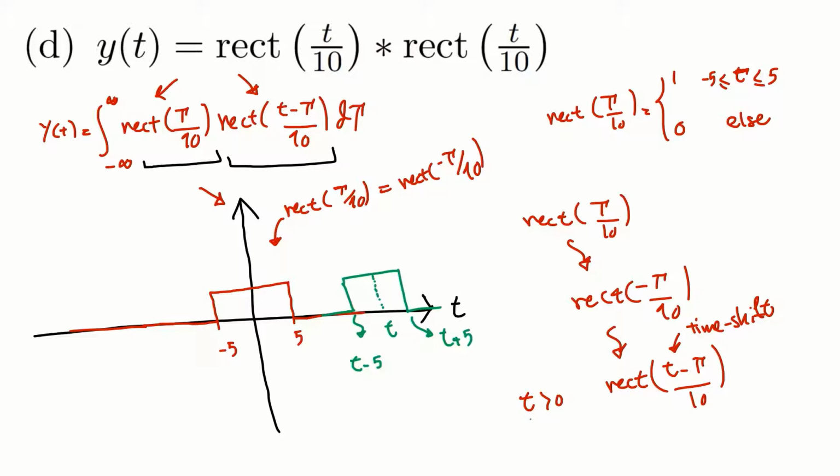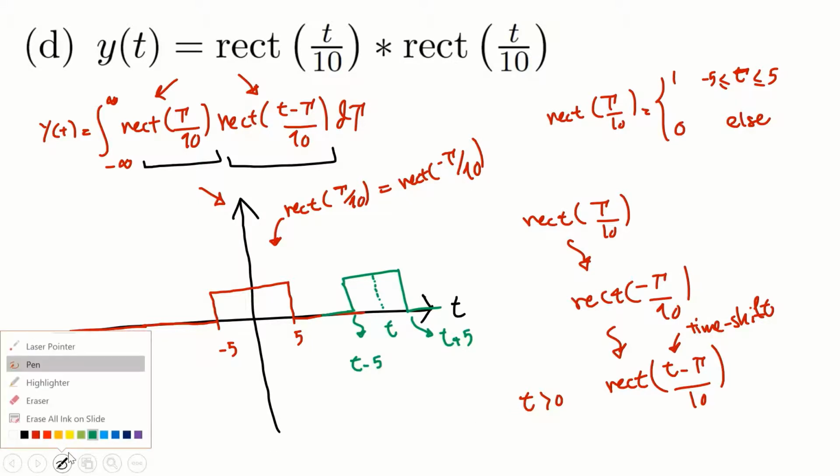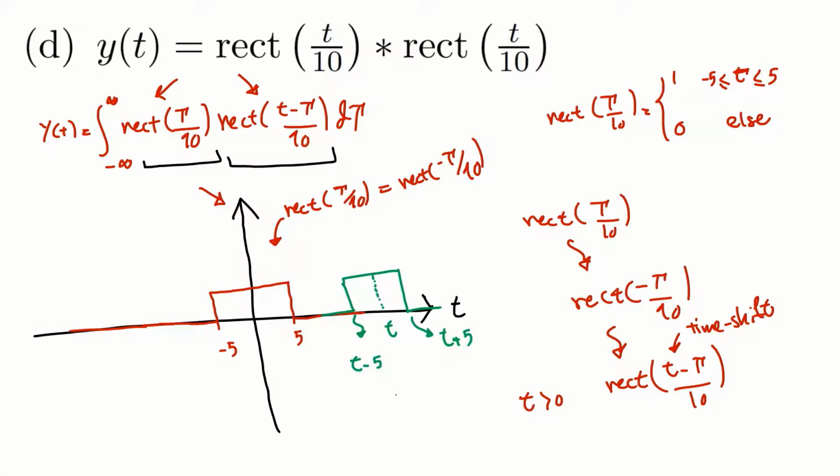Okay, so for positive values of t, we have a shift of this signal to the right, and for negative values of t, we have a shift to the left, and it would be something like this. Okay, and again, this is t minus 5, and this is t plus 5, and this is t in the middle.